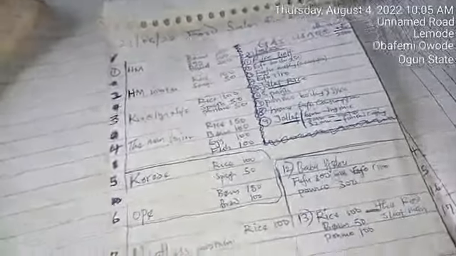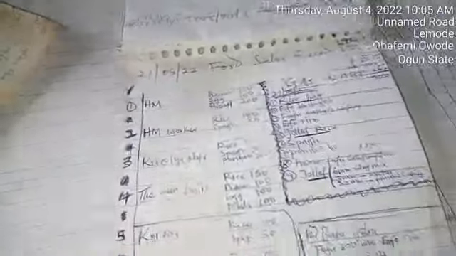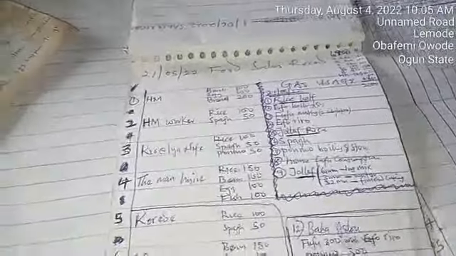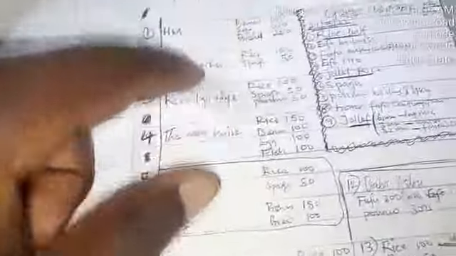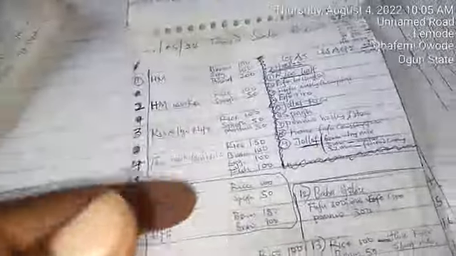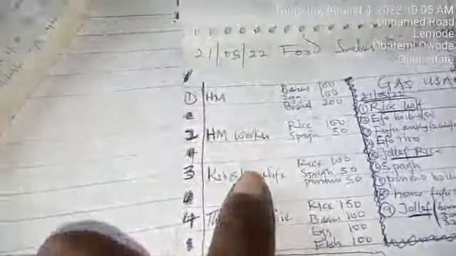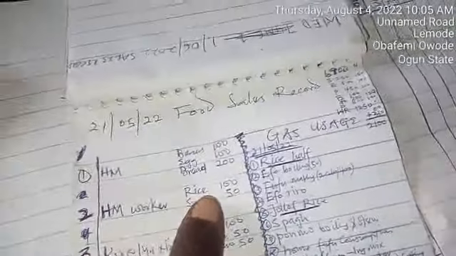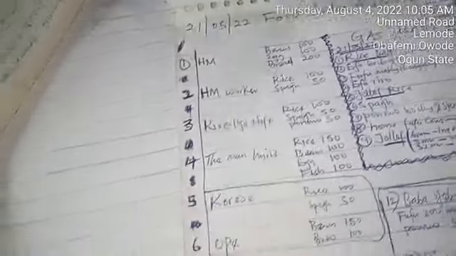So I started what I call leading by example. I started doing it myself and letting her witness it. And these are the records. I always write the name of the customer that bought the food, the number.